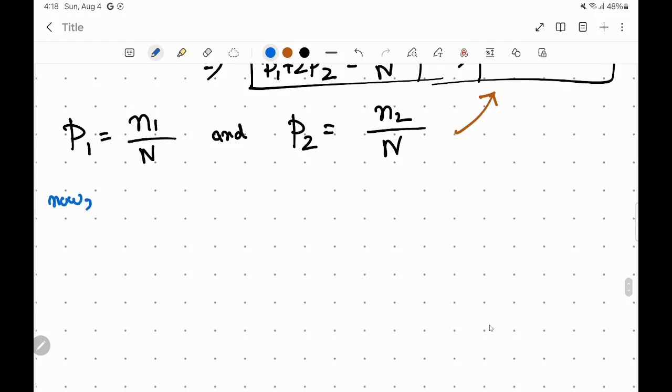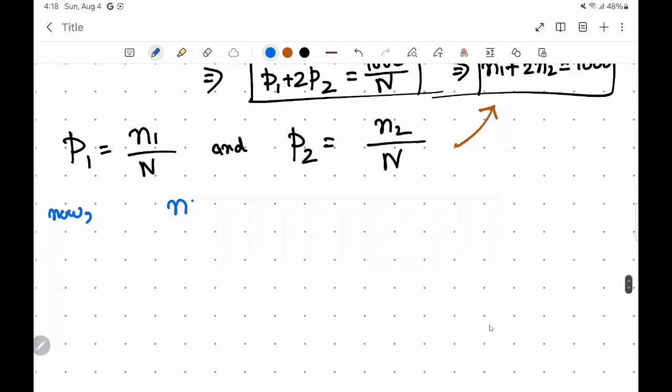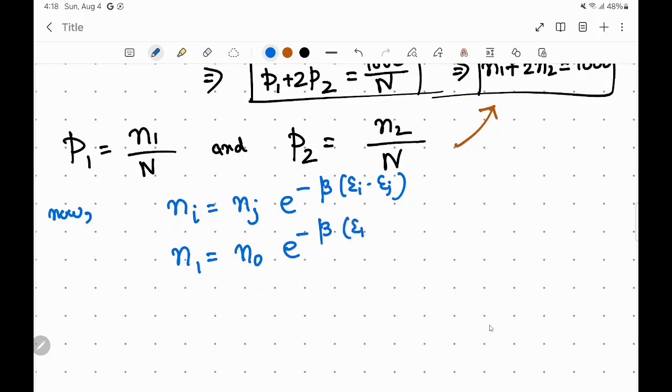Now we know the relation that Ni equals Nj into e to the power minus beta (epsilon i minus epsilon j). So, what will be for N1? Let's say j is 0, then it will be epsilon 1 minus epsilon 0. And epsilon 0 is 0, epsilon 1 is epsilon, epsilon 2 is 2 epsilon.